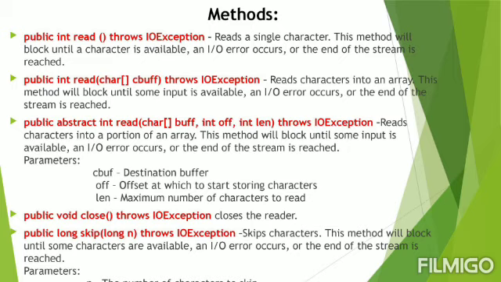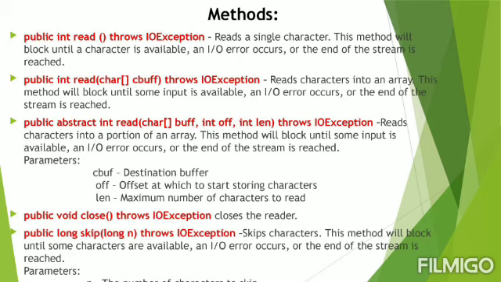Public abstract int read with a character array buffer, and we have three parameters, that is buffer, offset and length. So this will read characters into a portion of an array, until a character is available. If any error has occurred or the end of the stream has been reached, an IOException will be thrown.